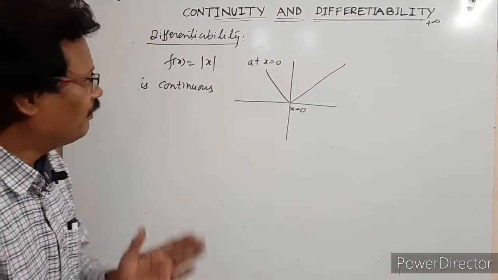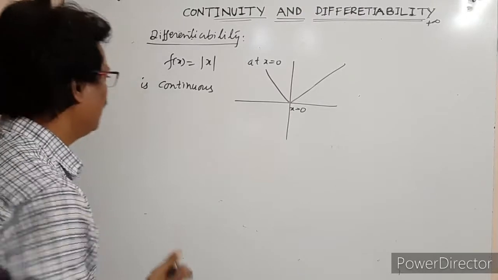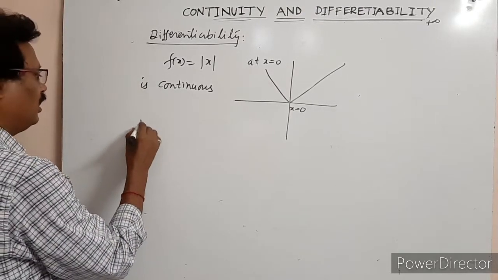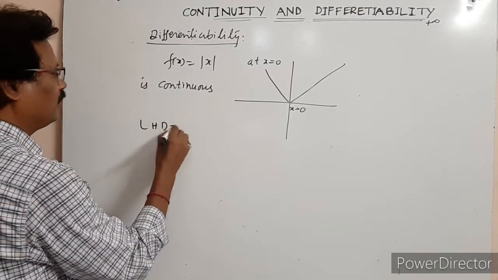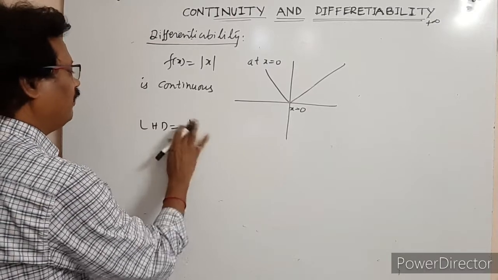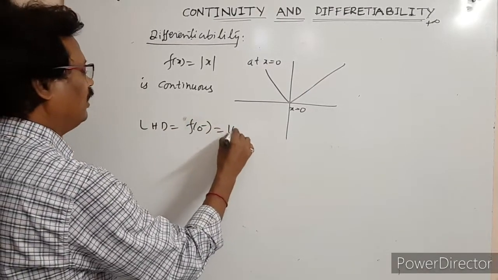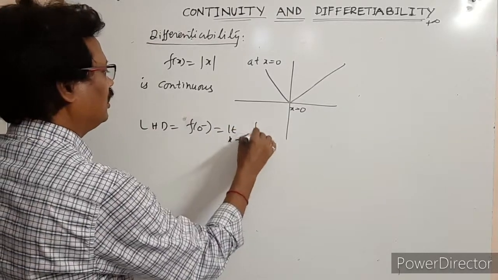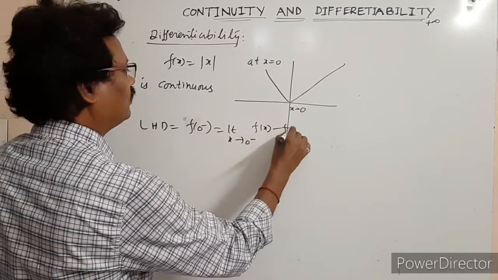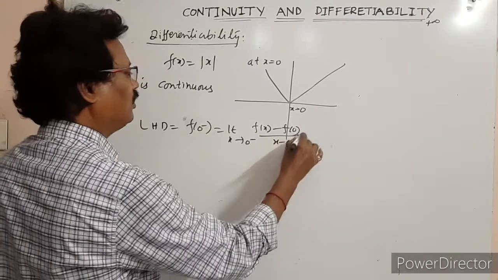Now let us see whether it is differentiable at x equal to 0 or not. Left hand derivative: limit x tending to 0 minus of f of x minus f of 0 by x minus 0.